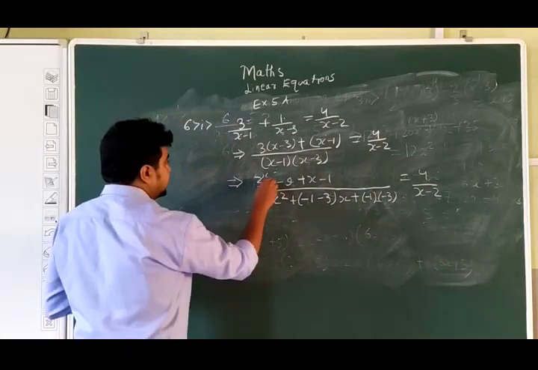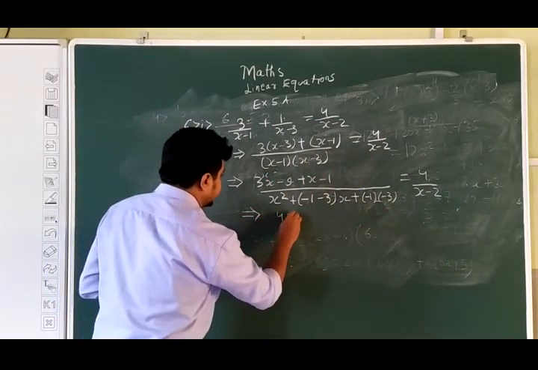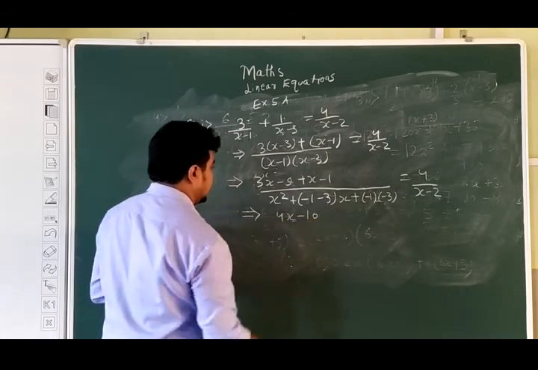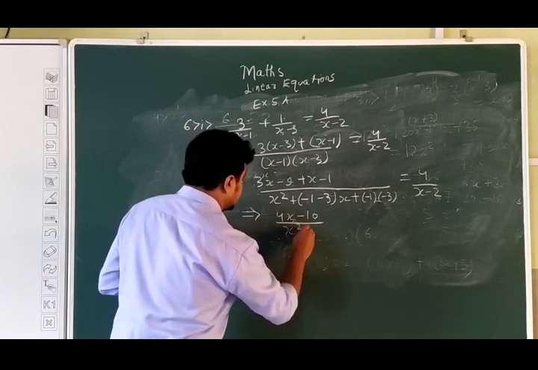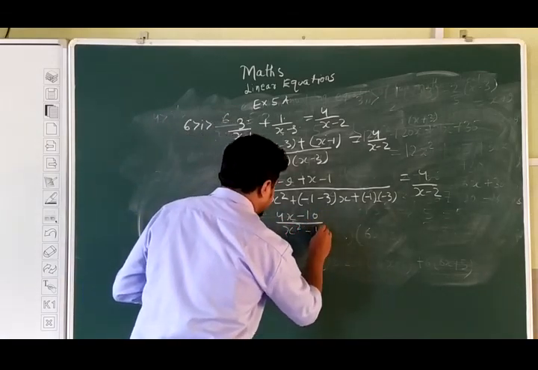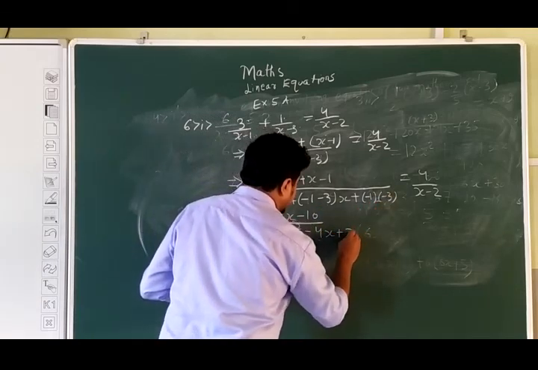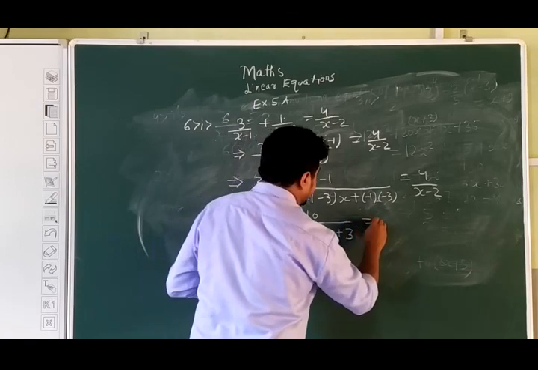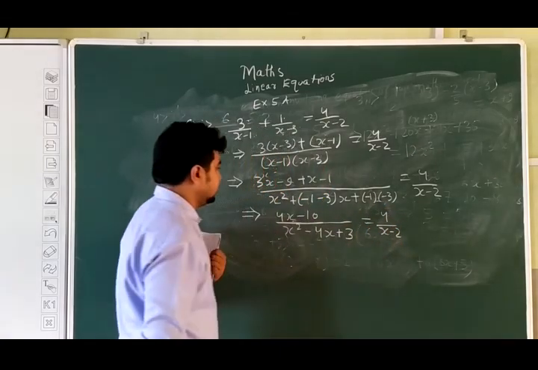So 3x plus x is 4x minus 10. And from here we are getting x square minus 4x plus 3. And from here we are getting 4 by x minus 2. This term we are getting.